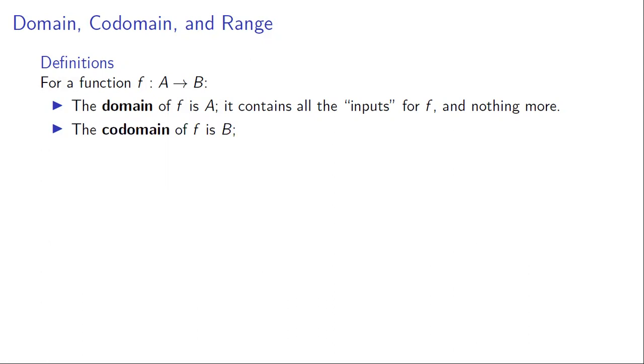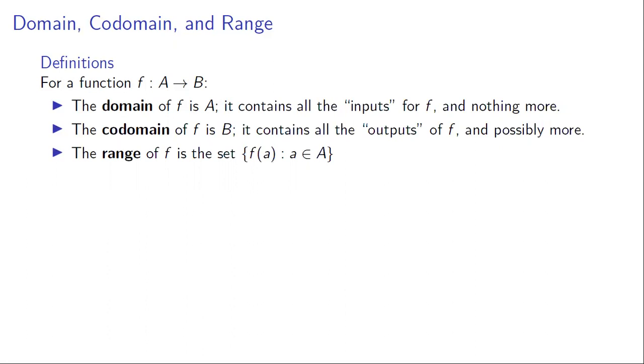The codomain of f is this set B. It contains all the outputs of f, but it can also contain more than just the outputs. It has to contain all the outputs, but it is allowed to also contain more things.